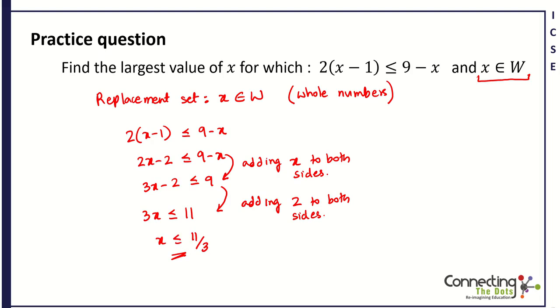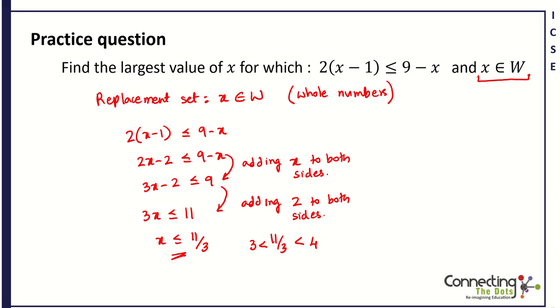But remember, x has to be a whole number. It can't be a fractional number. Now when you actually perform this division, you will notice that 11 by 3 is between 3 and 4 because it's 3 point something.